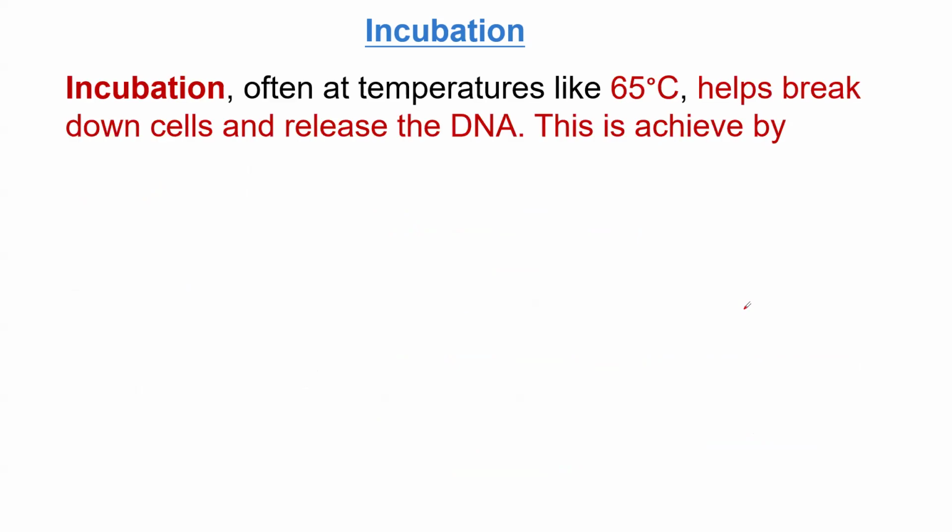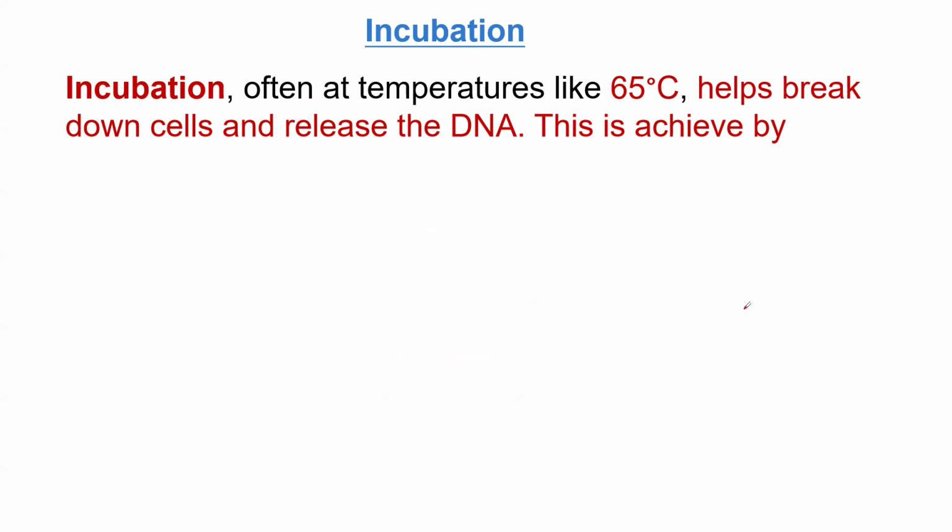So the next thing is, of course, incubation. After you lyse, or after you add all these components that are involved in breaking down the cell, the next thing is to incubate. So you take the cell lysate.